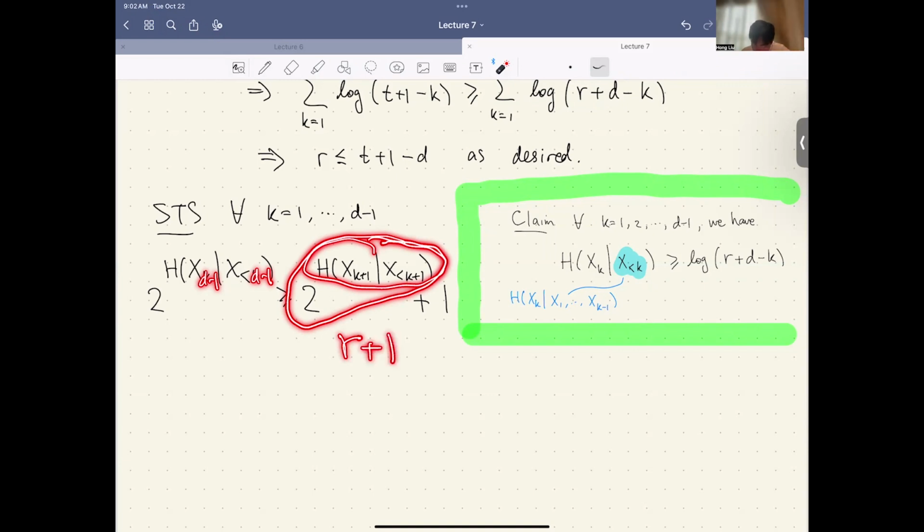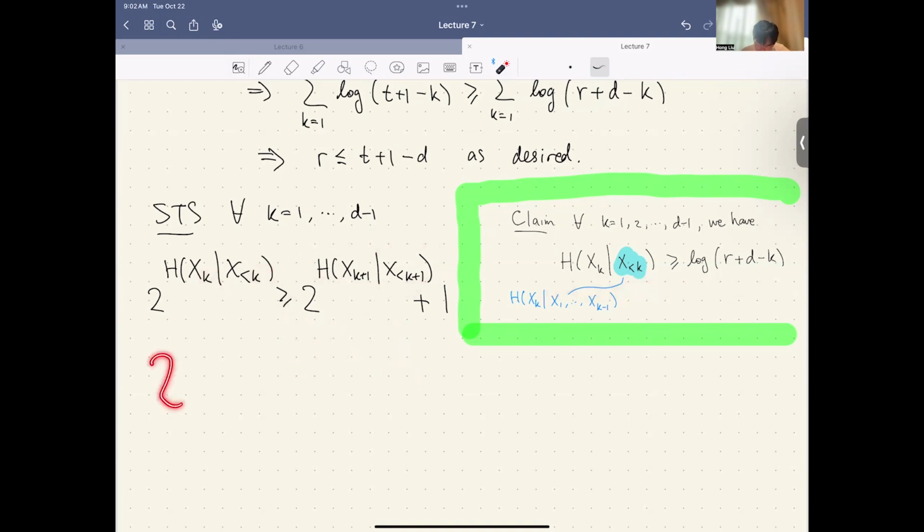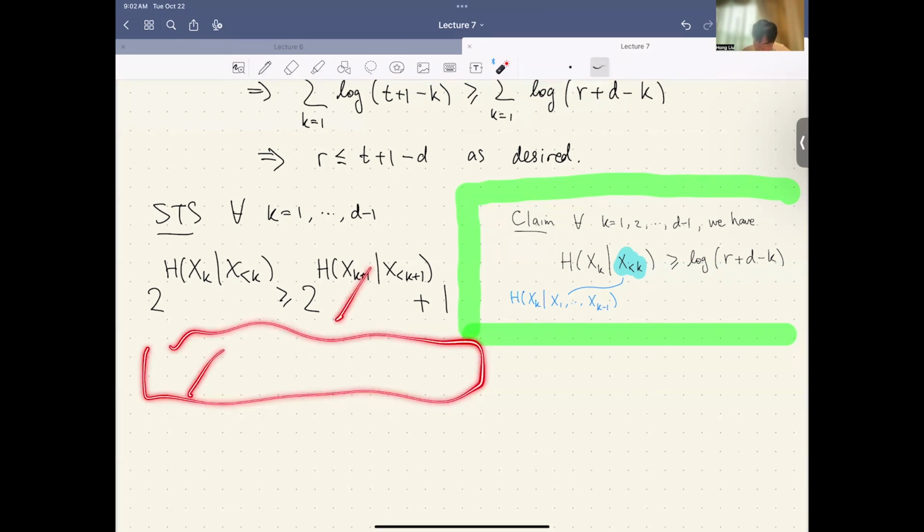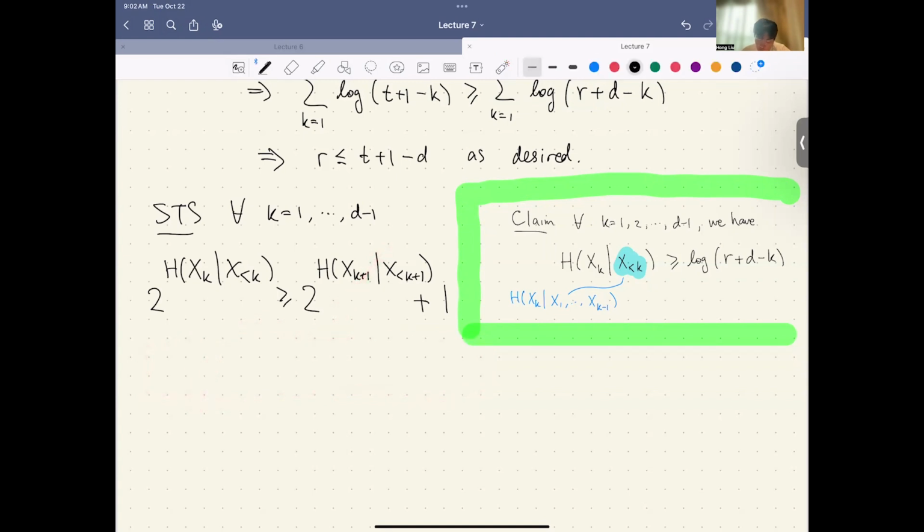So you have r plus 1, and taking the log, you have log of r plus 1, which is precisely what we need to prove for d minus 1. For d minus 2, you do the telescoping. This is d minus 2, the sum of two consecutive ones. Telescoping, this will get canceled out, and you will get what you need. Okay, so we just need to prove this inequality. Any questions?